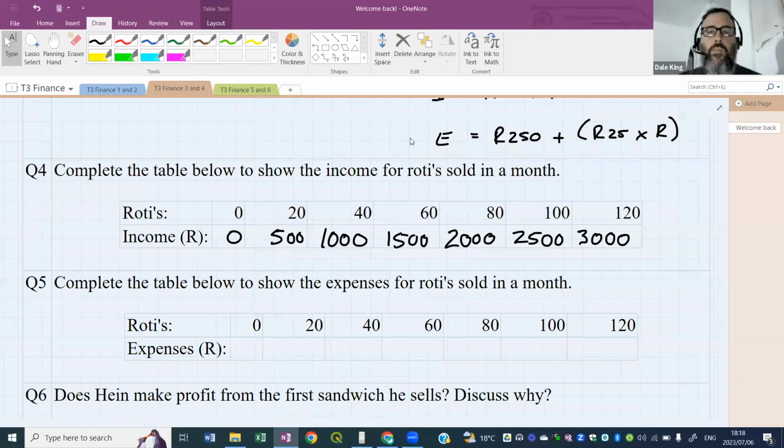Bianca. Hi, sir. Bianca, how are you? I'm good, and you? Good, thank you. All right. For 0 rotis, what will his expenses be? It's 250. 250, absolutely. For 20 rotis, what will the expenses be? 750. For 40? It is 1,250.